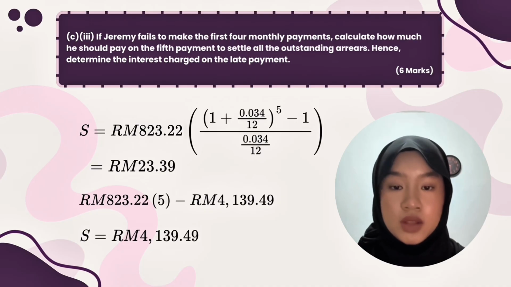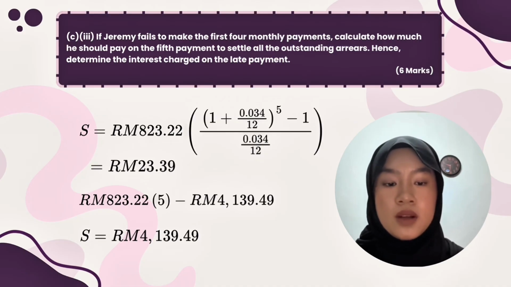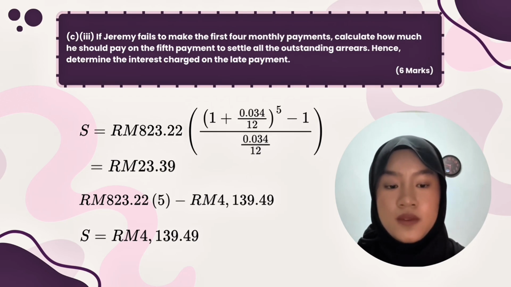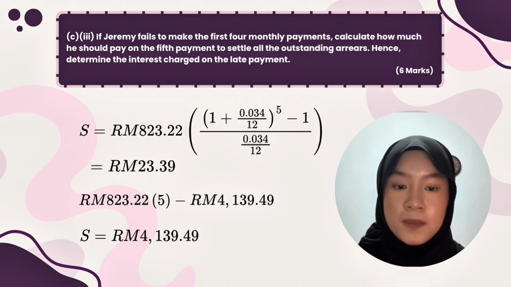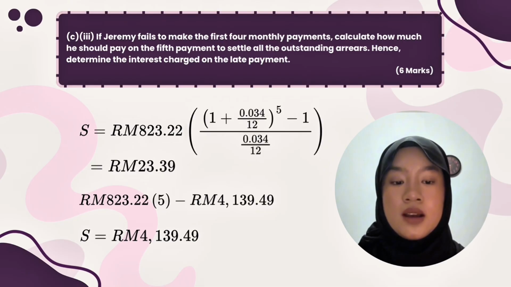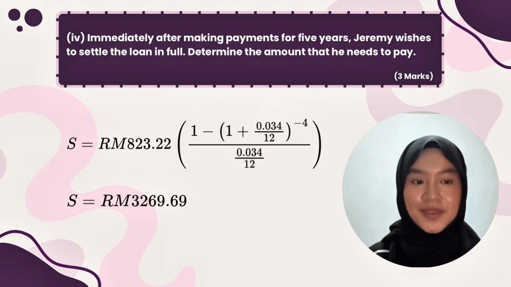Then I find the total payment made: 823 ringgit 22 cents times 5 equals 4,116 ringgit 10 cents. Finally, I get the difference: 4,139 ringgit 49 cents minus 4,116 ringgit 10 cents equals 23 ringgit 39 cents.